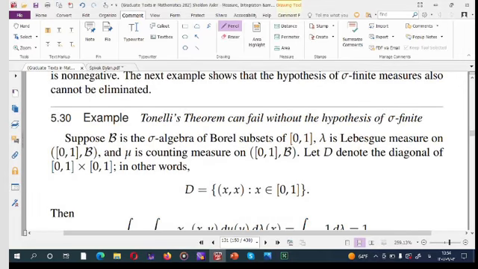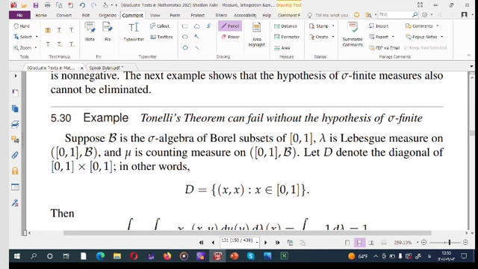For this, suppose B is the sigma algebra of Borel subsets of this interval, and lambda is Lebesgue measure on this measurable space.